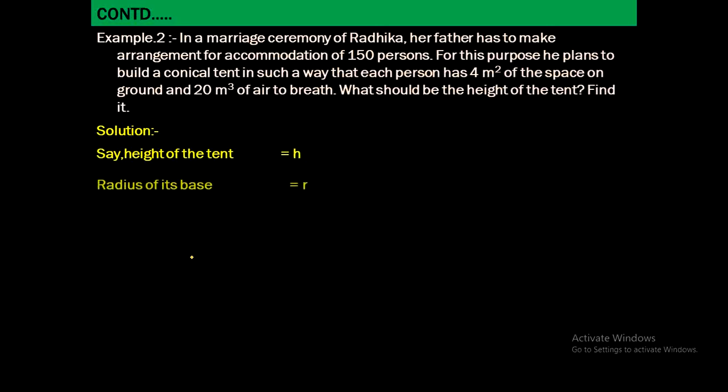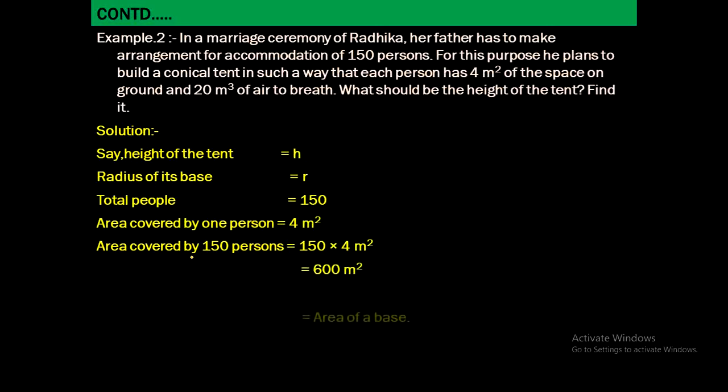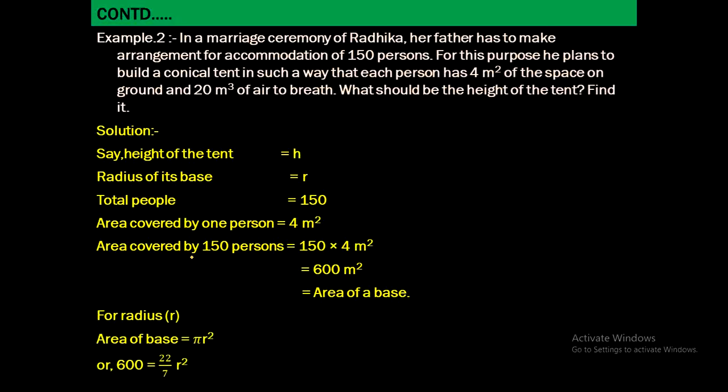Now another example. Solution. Given condition. Area covered by 150% equals to area of a base. For radius R, area of base equals to R square. Now calculate.